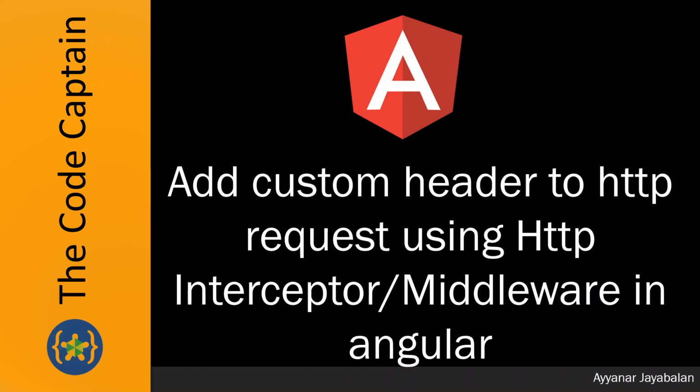So we can add a token header as part of the request, and then send the request to the API. Basically, whenever you make a request to the API, it will pass through that interceptor. That interceptor will add an extra header as a token to the API endpoint. Let's see how to implement that. Let's get into the implementation now.